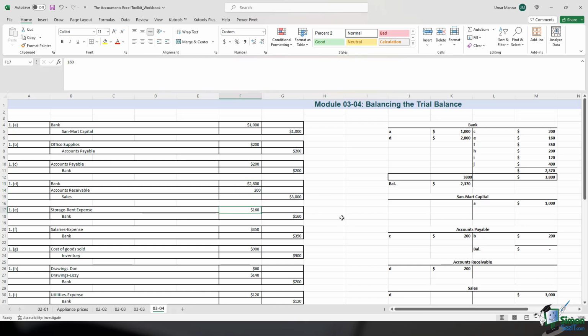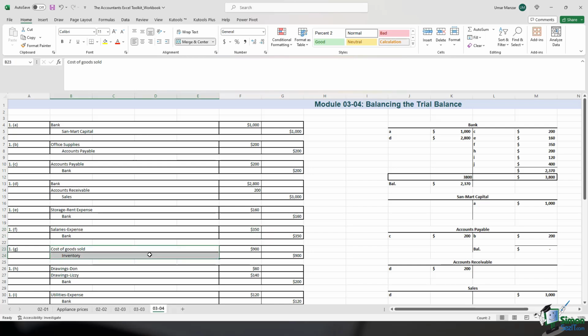The ledger witnesses an expense as storage rent claims $160 from the bank. Complex play unfolds with salaries expense making its entrance with a charge of $350. And this is paid through the bank.